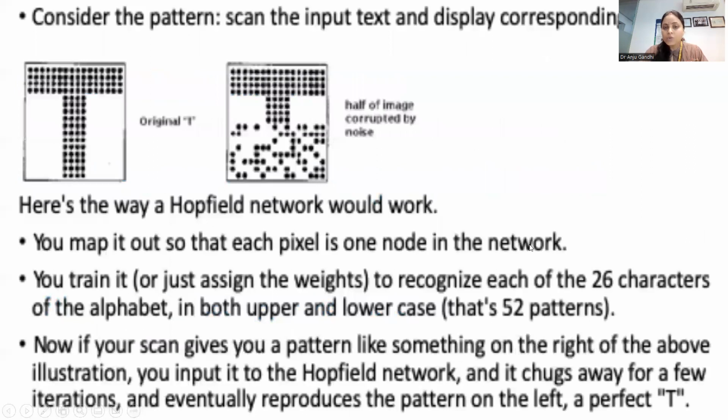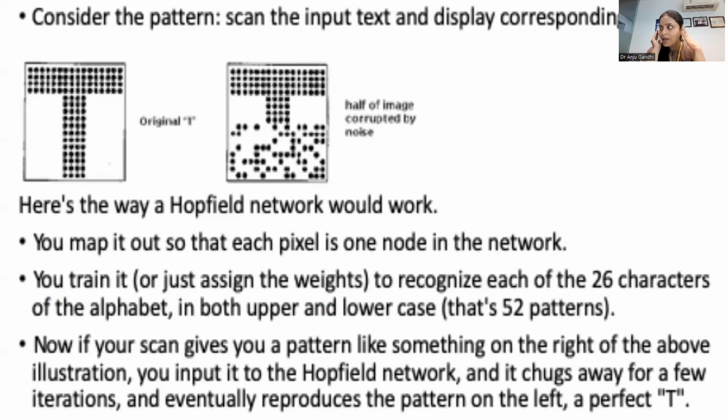Now, what next? For example, we have the alphabet T, but due to some noise or some other cause, the figure got corrupted. Now, how will the machine identify it?